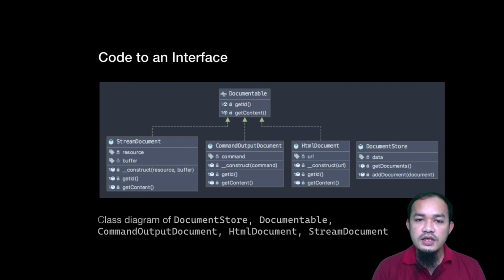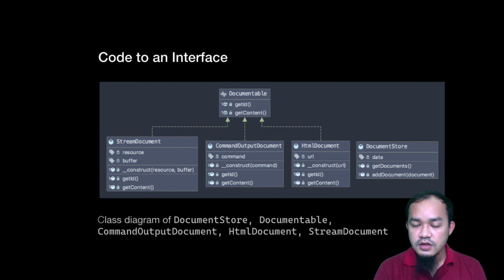And then in the interface, when you implement getID and getContent, it does not depend on the superclass, but on the subclass. For example, HTMLDocument inherits from the DocumentTable via the interface.